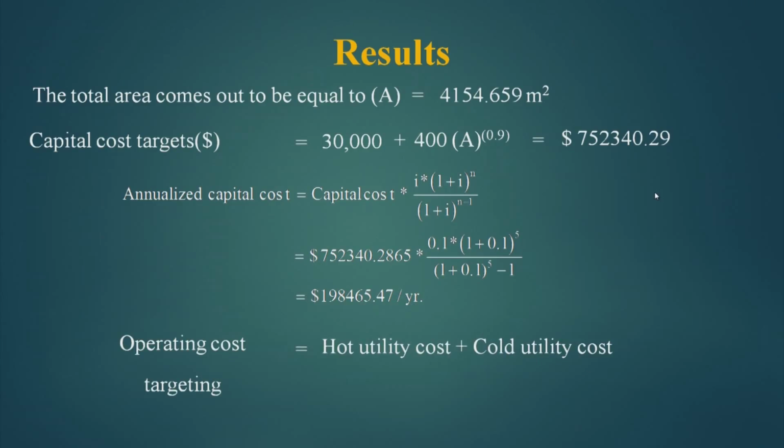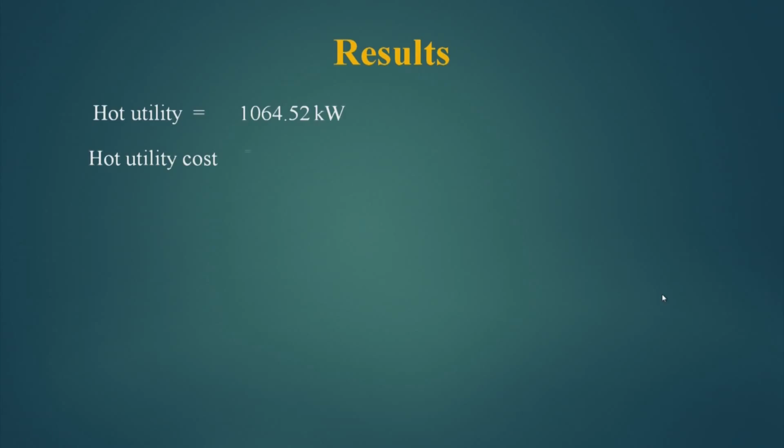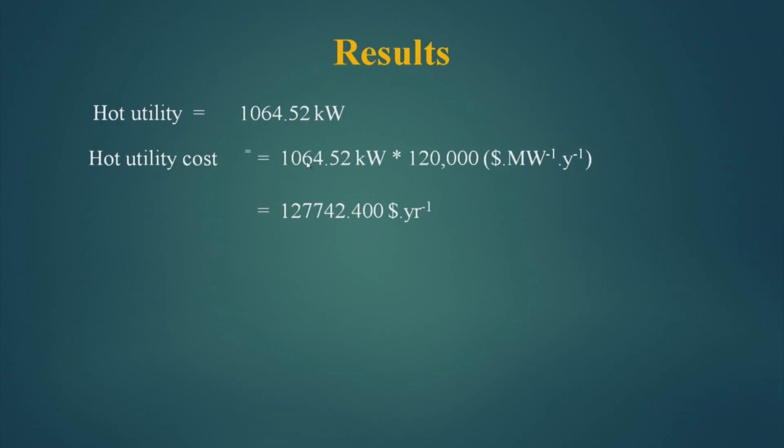Now, the operating cost is hot utility cost plus cold utility cost. This is the amount of hot utility multiplied by the cost of the utility, and it comes out to be this. Please remember that this is in megawatt and this is in kilowatt, so obviously it has to be divided by 1000.